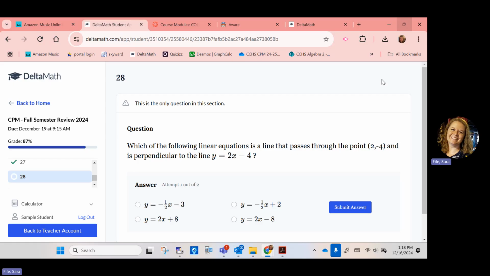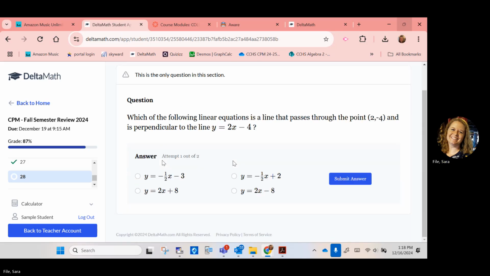All right, on 28, it says, which of the following linear equations is a line that passes through the point 2, -4 and is perpendicular to the line y equals 2x minus 4? Okay, so you need to know that term, perpendicular. What does perpendicular mean?